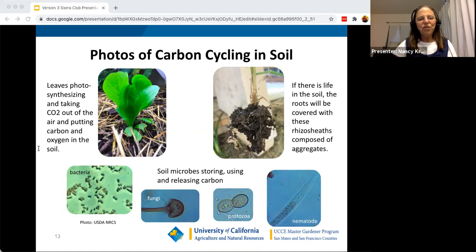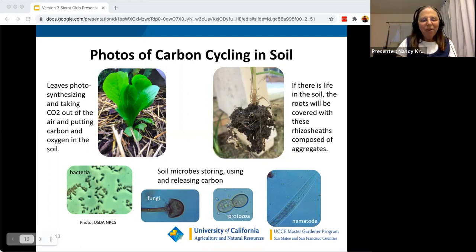The smaller pictures below show bacteria and fungi, which are beneficial decomposers, which will take up the carbon as nutrition for themselves and hold it in their bodies. When they are consumed by other microbes, such as amoebae or nematodes, the carbon is transferred from one organism to the next.